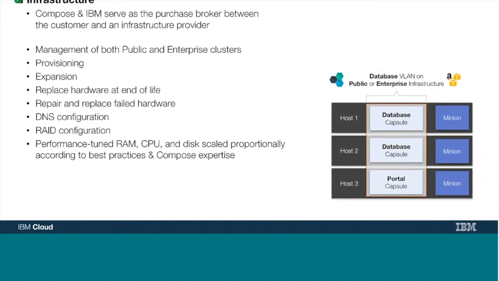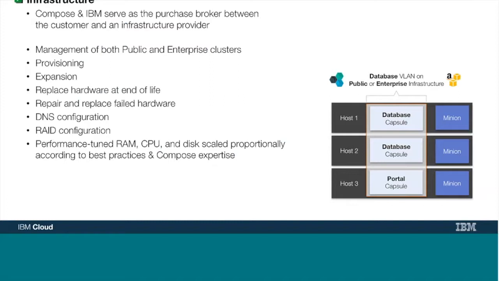On infrastructure, Compose and IBM serve as the purchase broker between the customer and the infrastructure. So you purchase directly from Compose, you purchase directly from IBM, and then we handle the hardware. We handle the underlying provisioning of that hardware, standing it up, getting it provisioned and ready to accept databases.